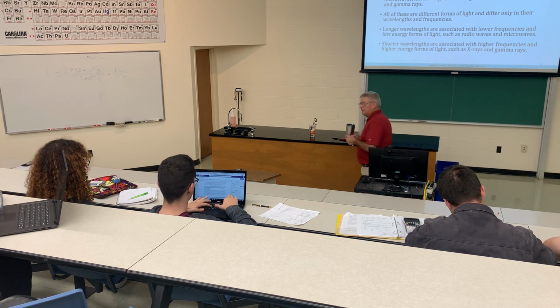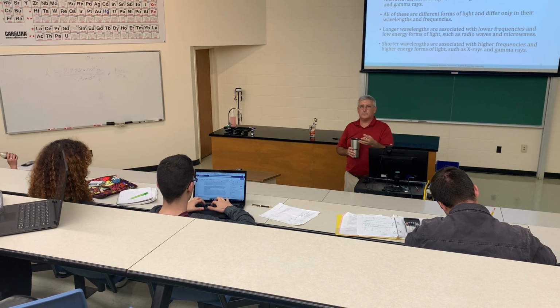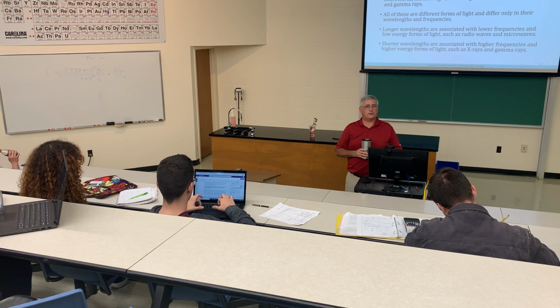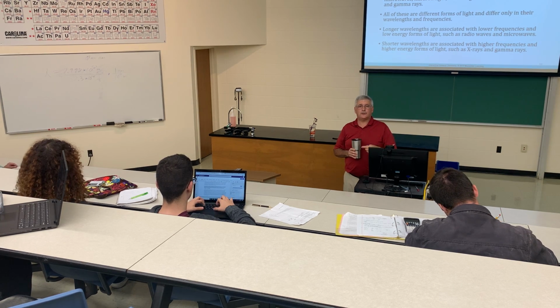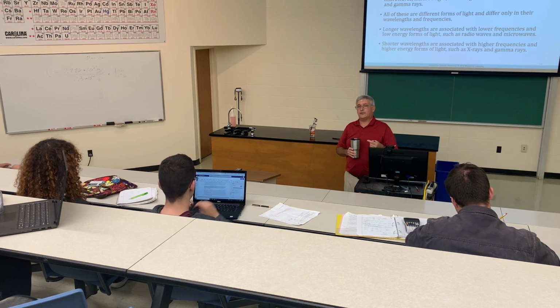In fact, we're building this for a bigger picture. We're going to look at line spectra, and we're going to talk about line spectra and their relationship to electrons in valence shells, or in any shell.